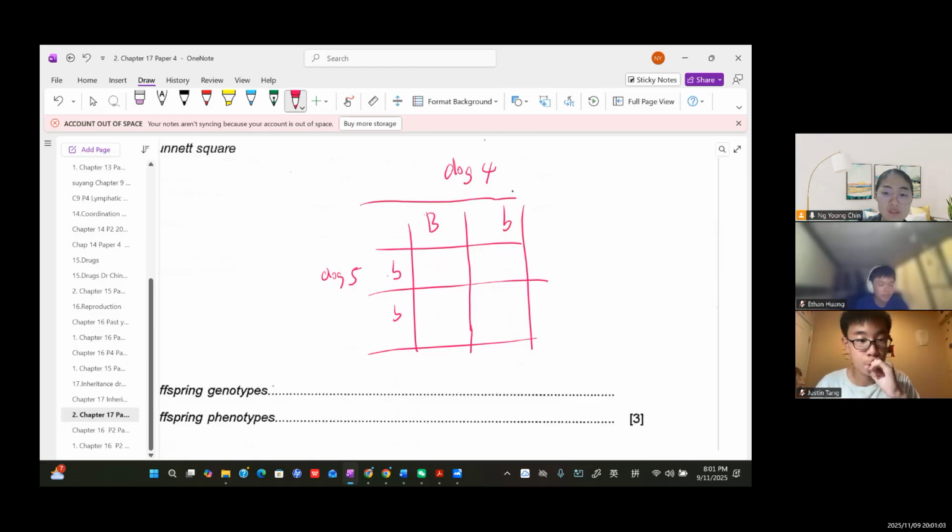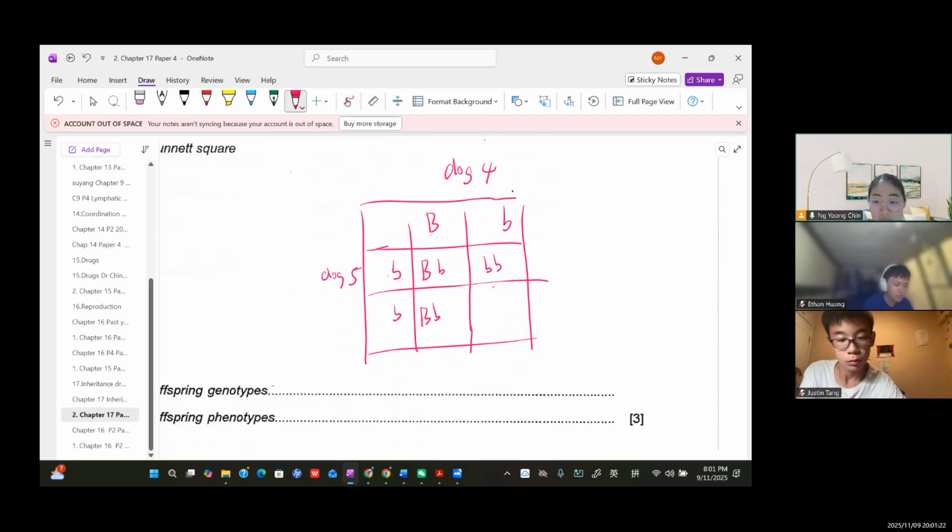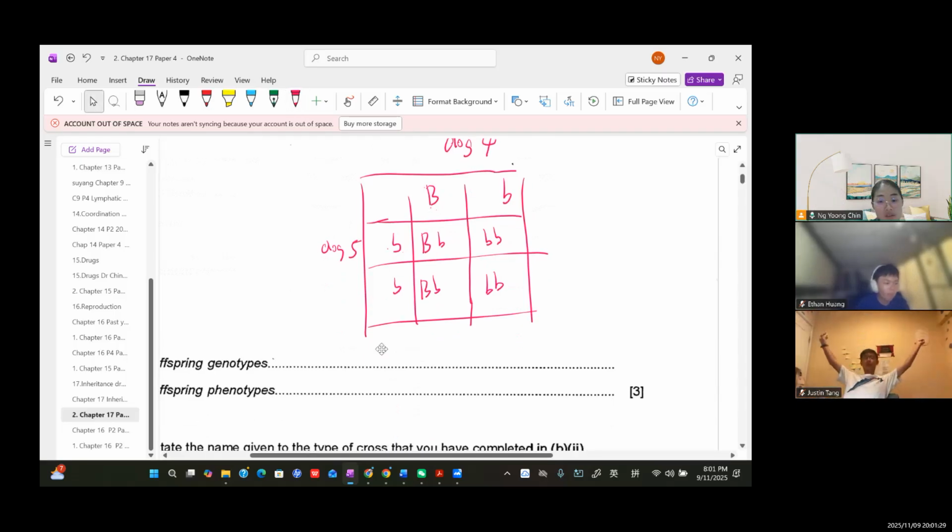So at the end, you have the different genetic combinations, like this. Because they are actually this crossed with this, and this crossed with this. So the genotype will be this one, and then you can put like this, and then this.